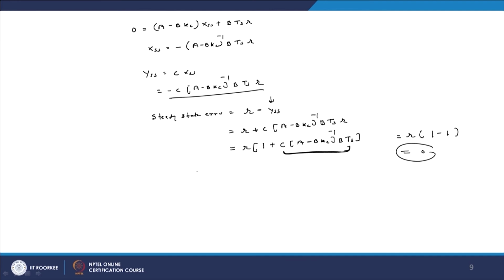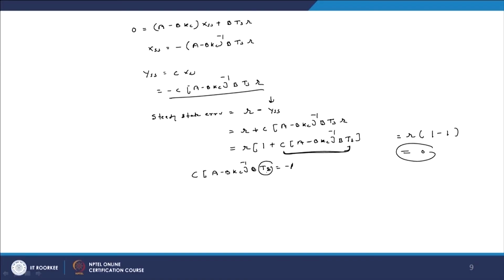So we can write C (A minus B Kc) inverse B into Ts equal to minus 1. Here all these parameters are known and cannot change; the change we can make is in the Ts. That means we have to design Ts in such a manner that it makes the steady state error 0.